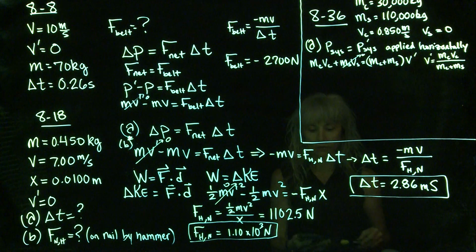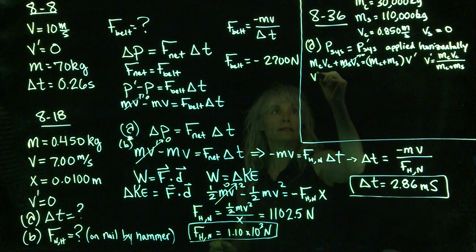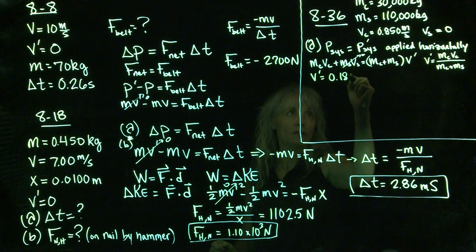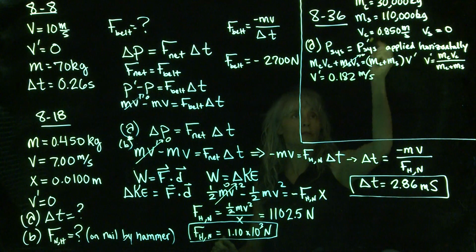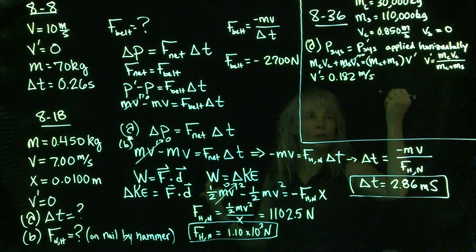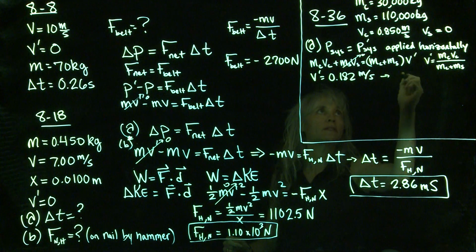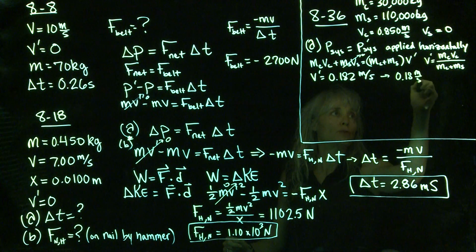And so we get a final velocity of 0.182 meters per second. Notice that the sign is the same. I assumed a positive direction, I get a positive direction. That's intuitive to us. And so I'm going to express this, since it's a two-fig problem, as 0.18 meters per second.